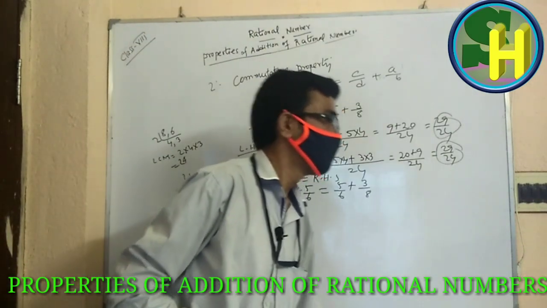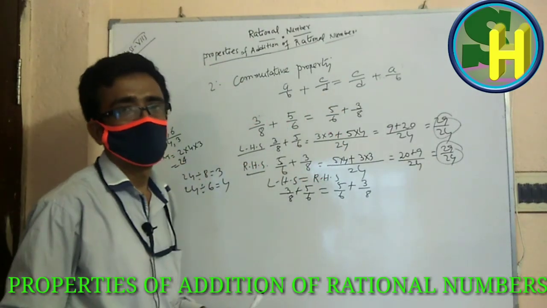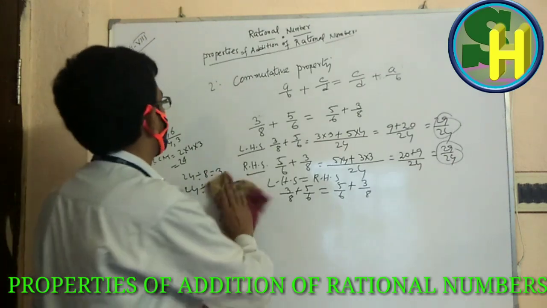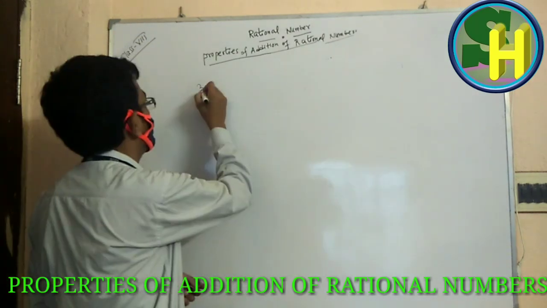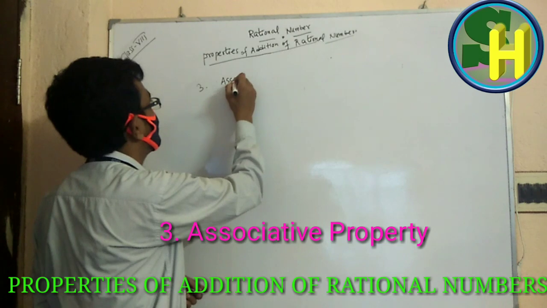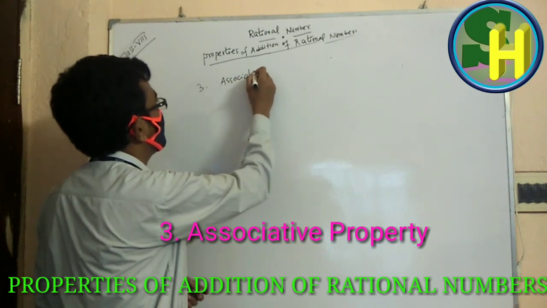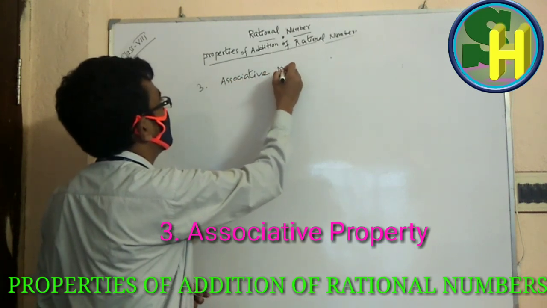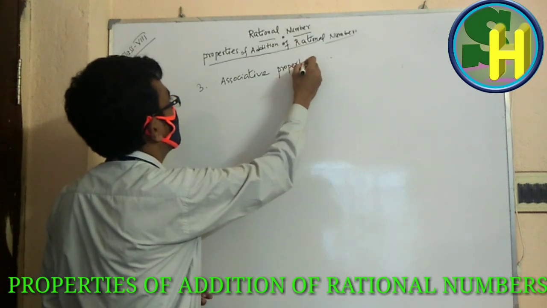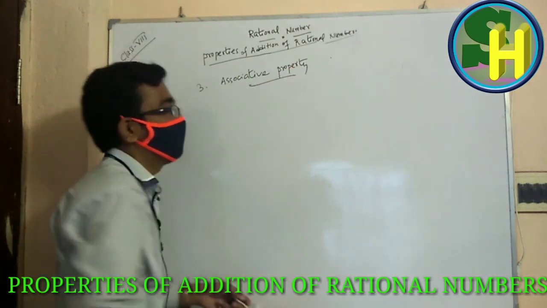Next, rational numbers are also followed by the associative law, that is the associative property.